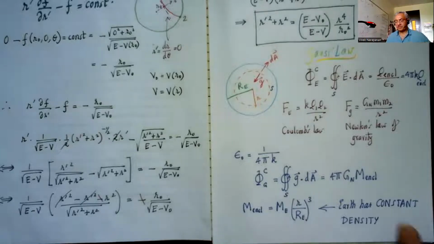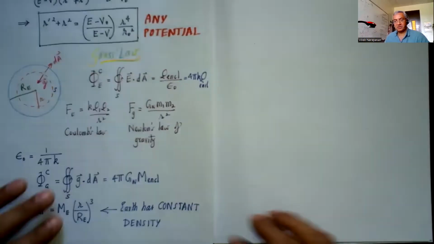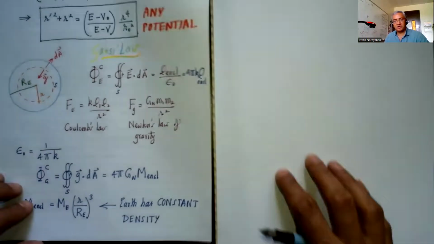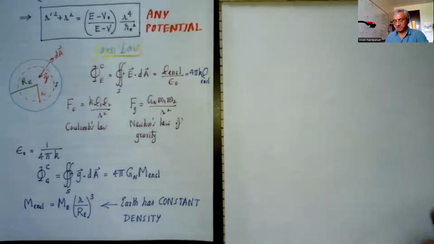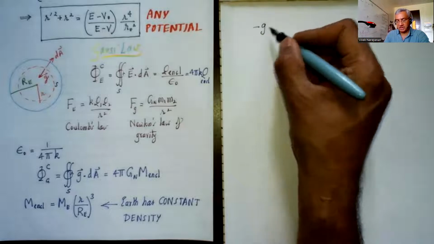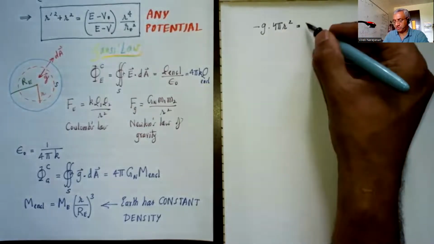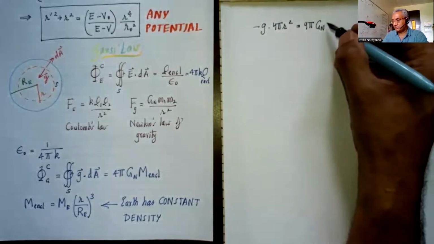So let's work on the left-hand side of Gauss's law. I've already told you the angle between g and dA is 180 degrees. So I'm going to have negative g times 4 pi r squared. That's the left-hand side, and that's equal to 4 pi G_N times the mass enclosed.